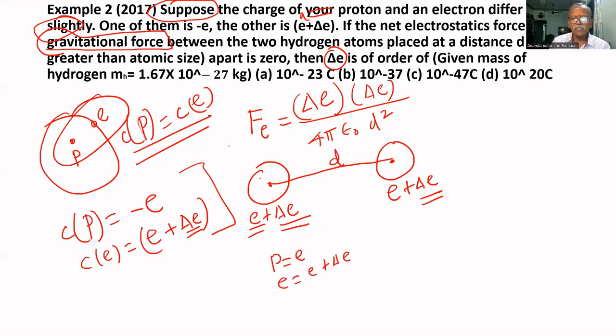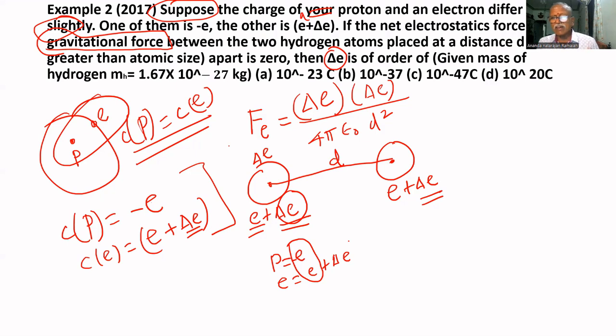Then how much is it charged? Delta e. That's why it is delta e multiplied by delta e. This hydrogen atom is charged by delta e, because the proton has minus e and the electron has plus e plus delta e. These two get cancelled. If this delta e is not there, it is not a charged body.